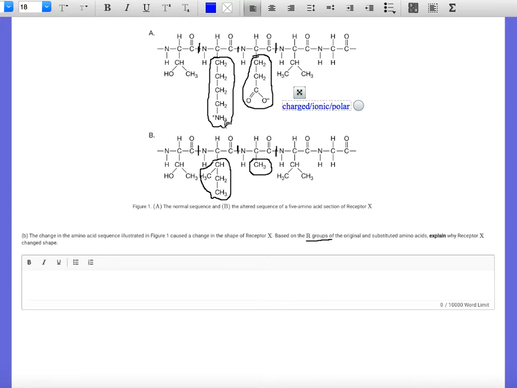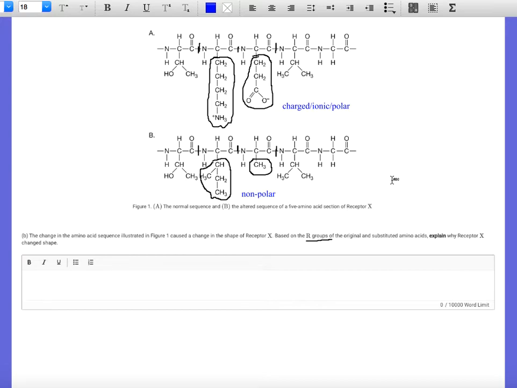So they're going to be, for example, hydrophilic, and they're going to interact differently. Whereas these have now been replaced with nonpolar ones: no charges, just 3 hydrogens coming off. So nonpolar, those are going to be hydrophobic, and they're going to want to interact with nonpolar stuff.